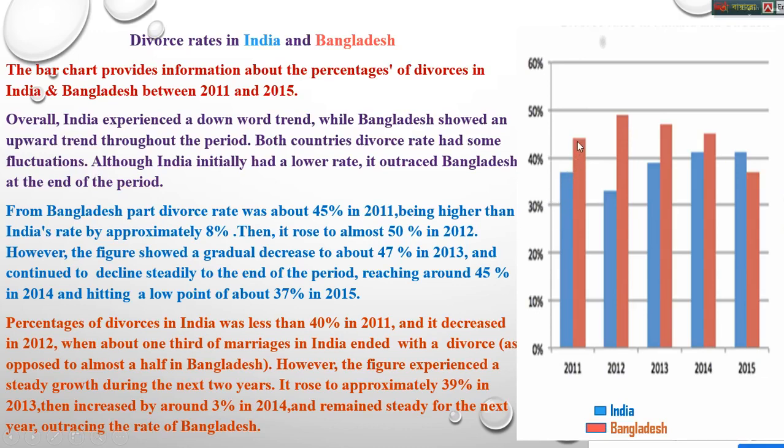Of course, there are some fluctuations. It is increase and decrease, right? And again, it goes. In terms of Bangladesh also, you see the increase and decrease, and finally it falls. So although India initially had a lower rate, it outpaced Bangladesh at the end of the period.